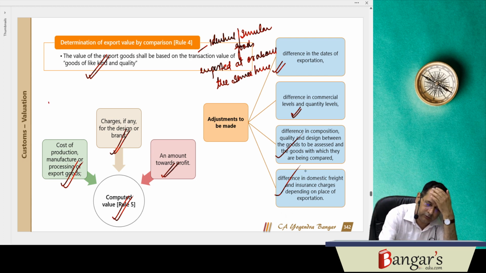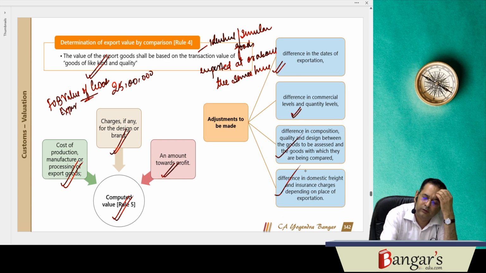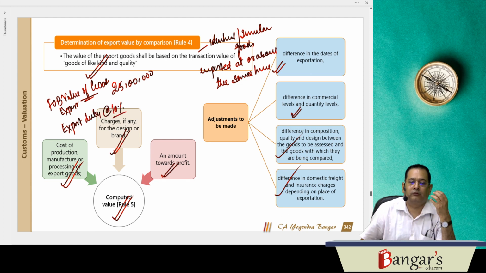Here, if the FOB value of export goods is 25 lakhs, then export duty will be levied. This FOB value cannot be termed as cum duty price.